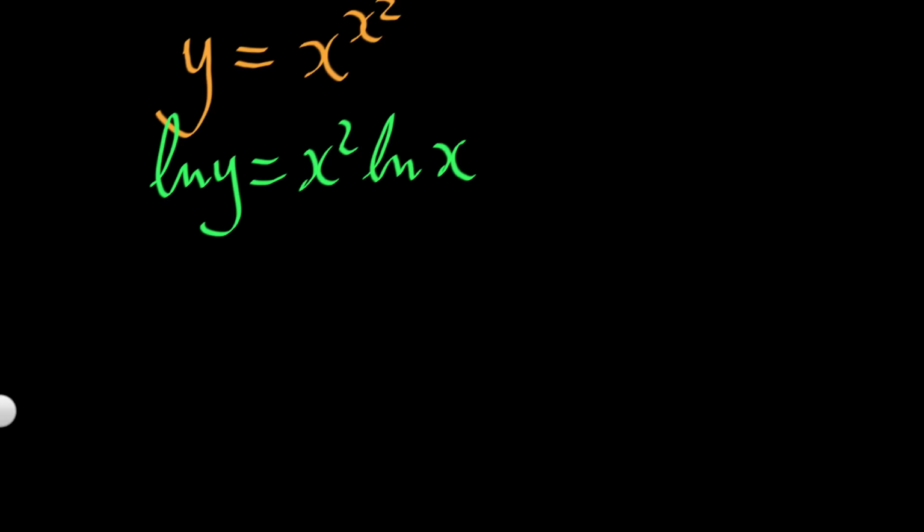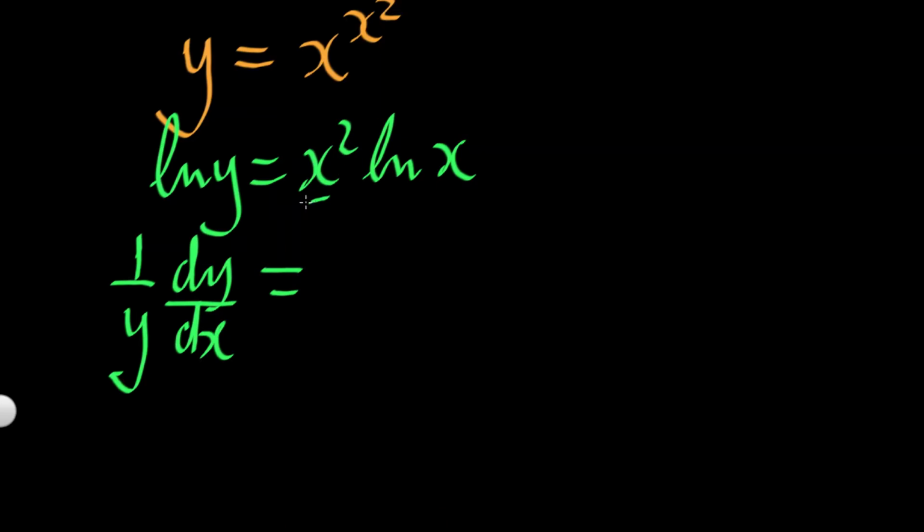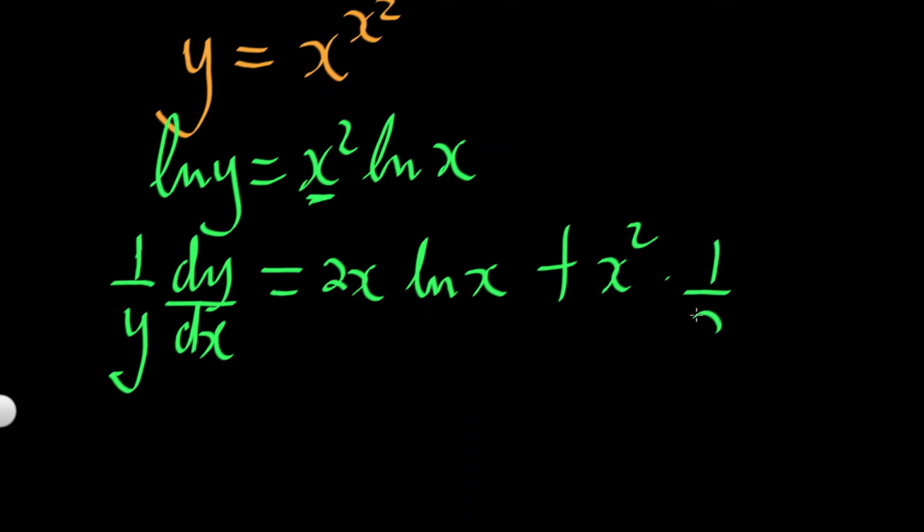To the left hand side, we're going to have 1 over y dy dx, and to the right hand side, we're going to apply obviously the product rule. Let us start by differentiating this. So we have 2x ln x plus x squared times 1 over x. If we differentiate ln x, we get 1 over x. We have this on our formula sheet.